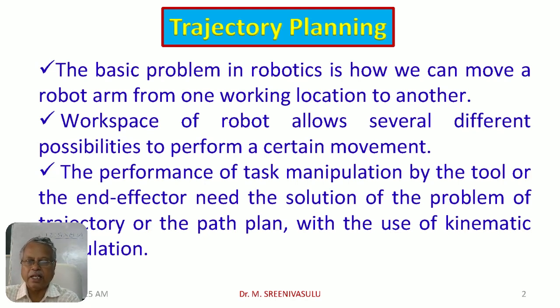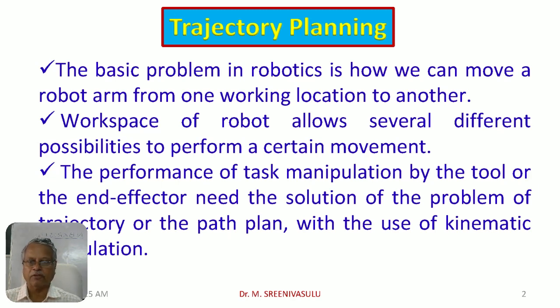So, this is the major aspect associated with robotics: moving the robotic arm from one location to another, because the robot arm is going to be moved for satisfying different requirements. Based on the applications, the requirement is going to change. When you have a particular movement, it might be possible to attain it in multiple ways.